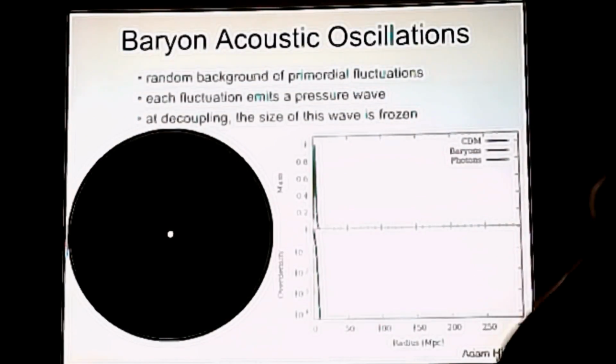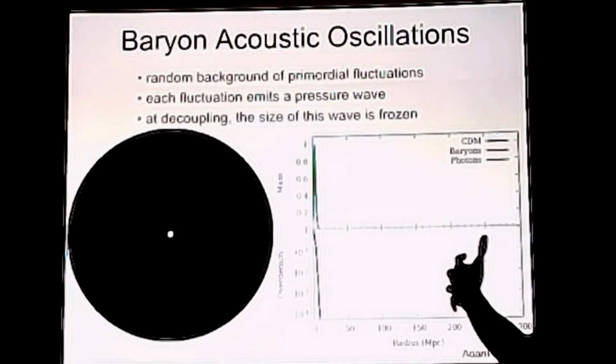It's unfortunate that it's called baryon acoustic oscillations because it was a baryon-photon plasma that was acoustically oscillating, these pressure waves propagating through. So the idea is that early on you had some random background of fluctuations, overdense, underdense, whichever way. At the start of time, each one of them pushes out a pressure wave, and that pressure wave carries on through the plasma.